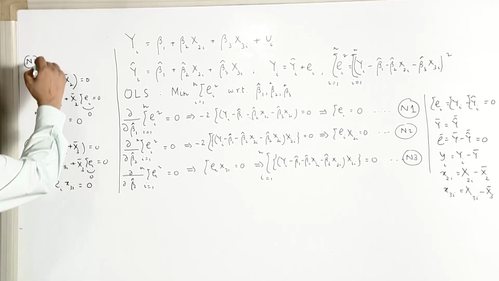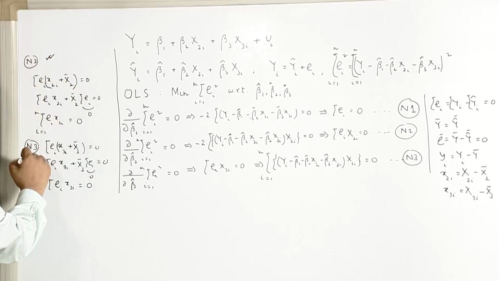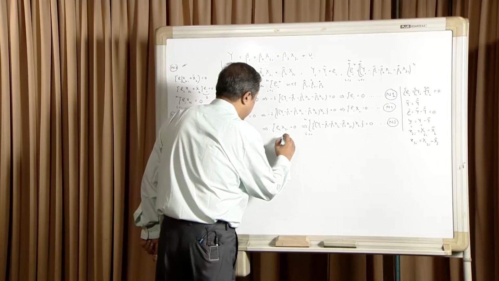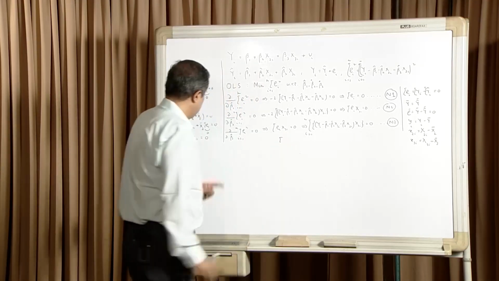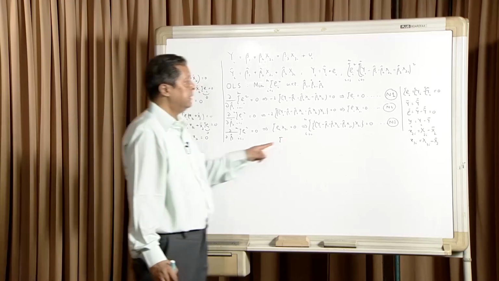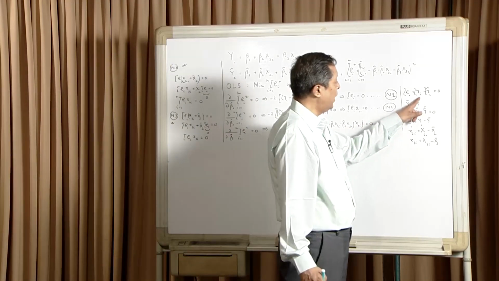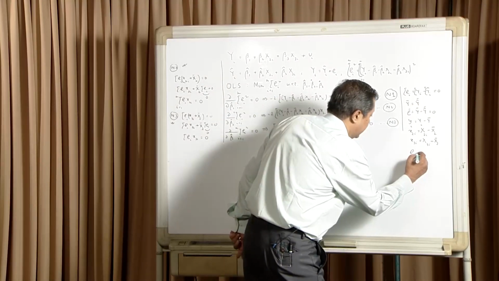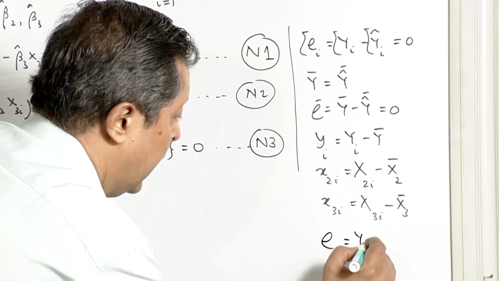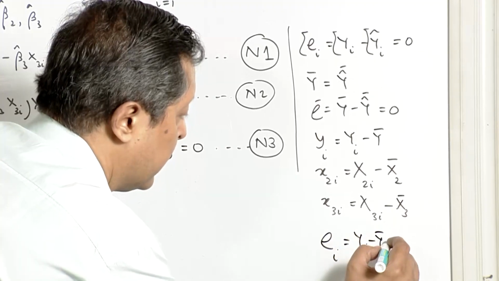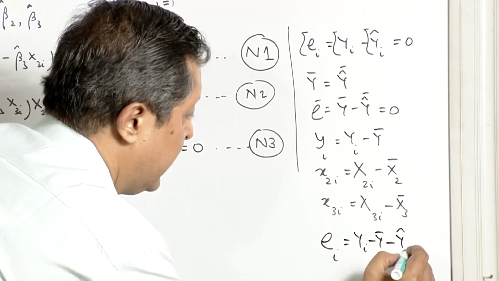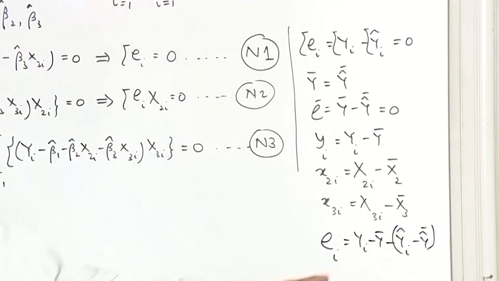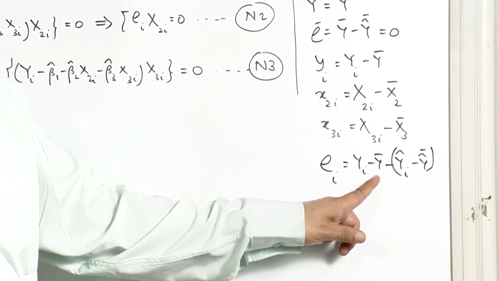So, if we now collect the second normal equation and third normal equation and write them down, then we obtain, as we saw, e_i is equal to y_i minus y hat i, but e_i can now be written as y_i minus y bar minus y hat i minus y hat bar, because y bar and y hat bar are the same.